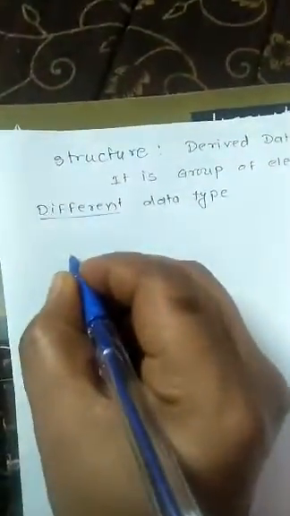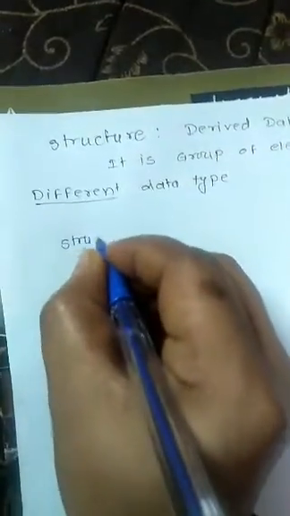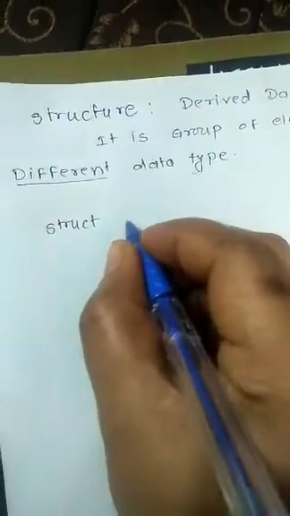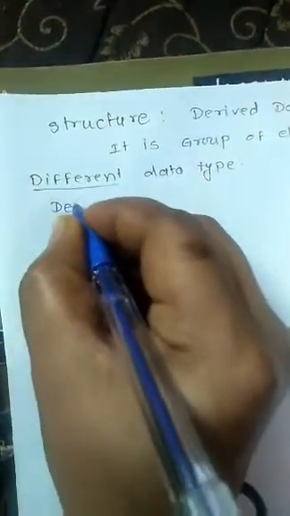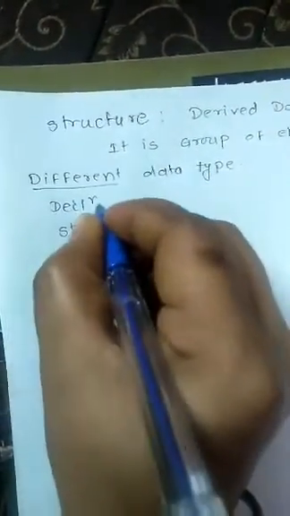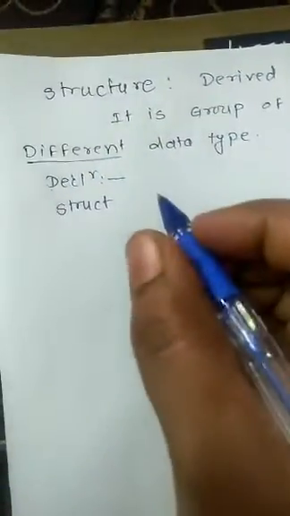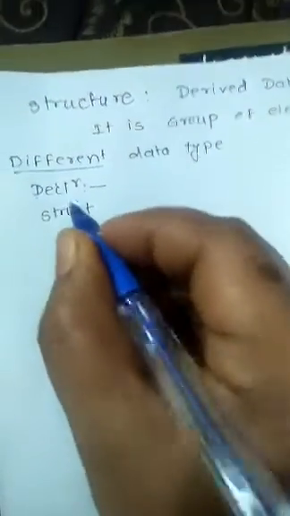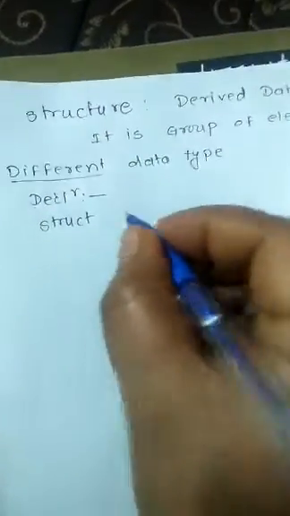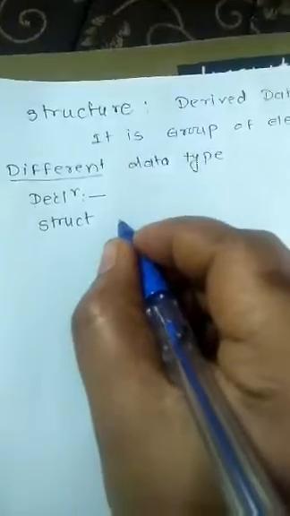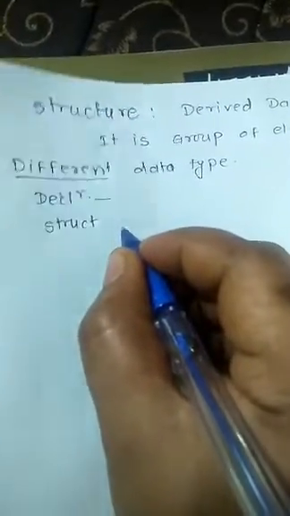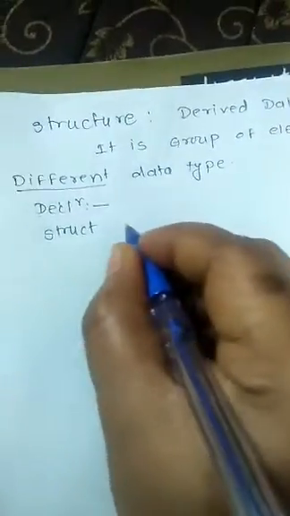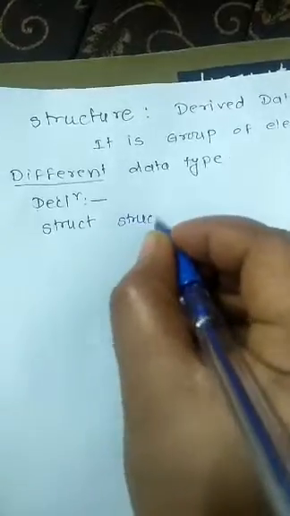So we discuss the structure. struct is your keyword, and this is the declaration part. In a declaration, struct is your keyword. Using this struct keyword, you can declare your structure data type. So you have to give the name of the structure.